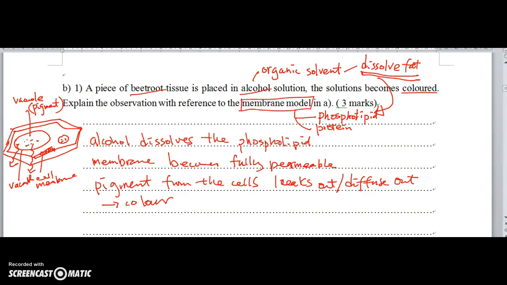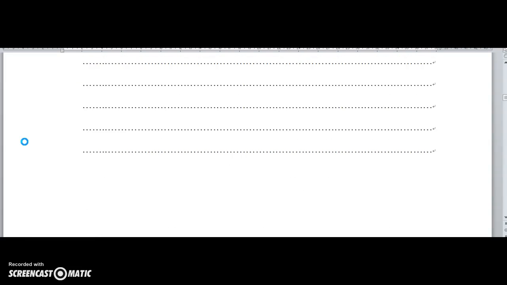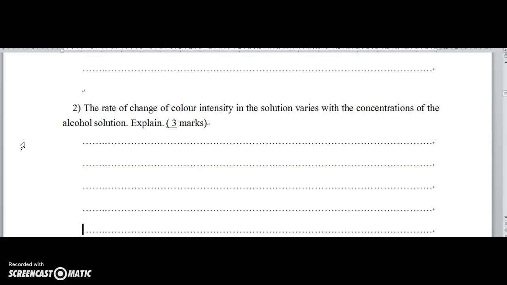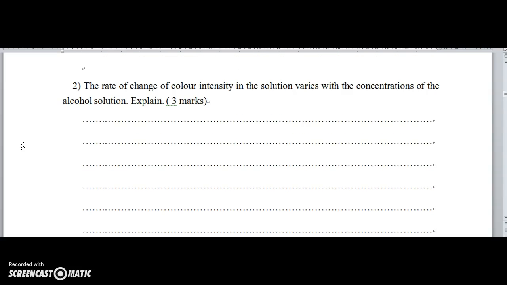Now let's move on to the second part. The rate of change of color intensity varies with the concentration of alcohol solution. To look at the question, you have to look at three words. First of all, varies. Varies what? The concentration of the alcohol.